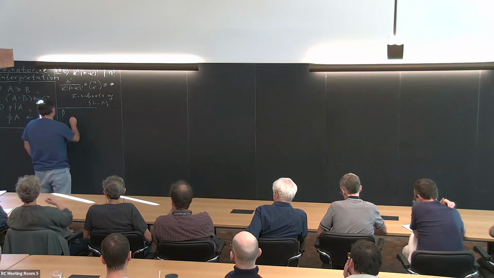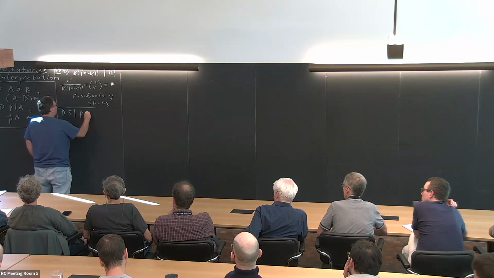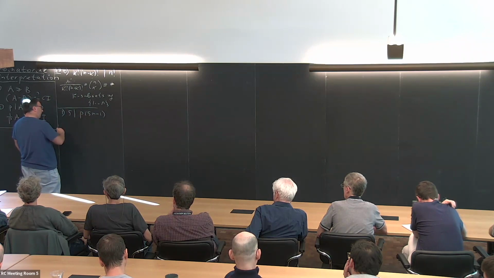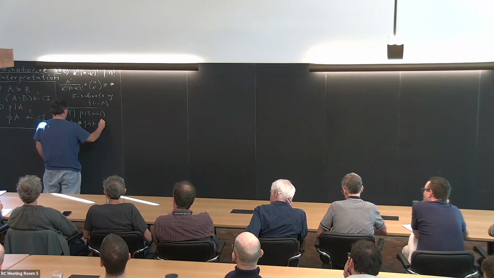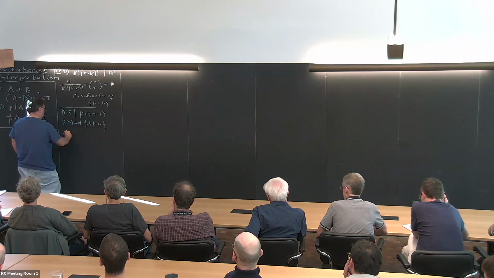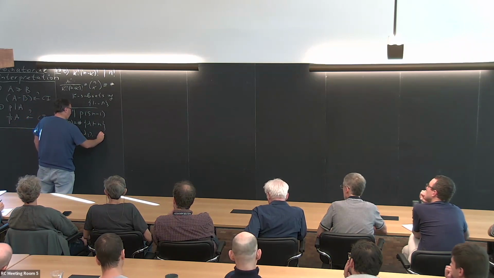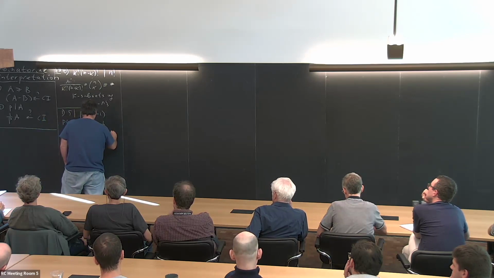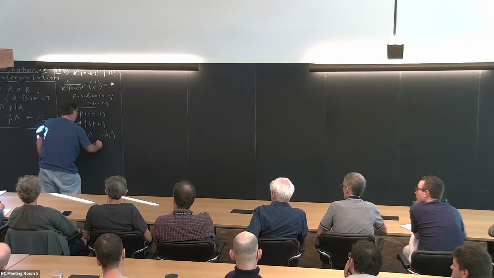a somewhat more complicated example. It just so happens that 5 divides p(5n+4), where p(n) is the number of partitions of n, where a partition is a sequence lambda 1 greater or equal to lambda 2 greater or equal to dot dot dot greater or equal to lambda L, and the sum of the lambda i is n.